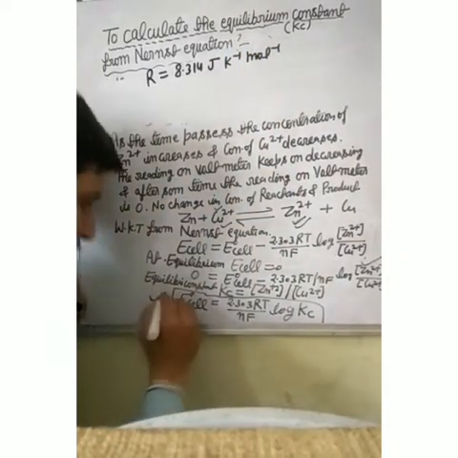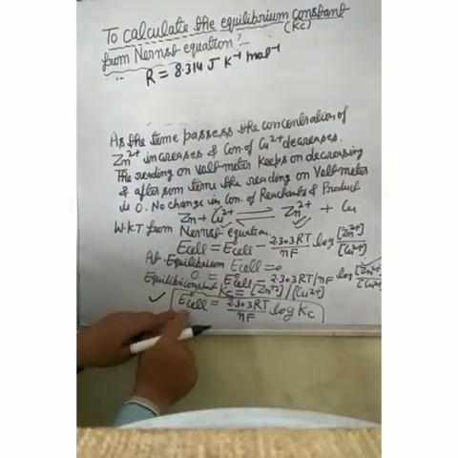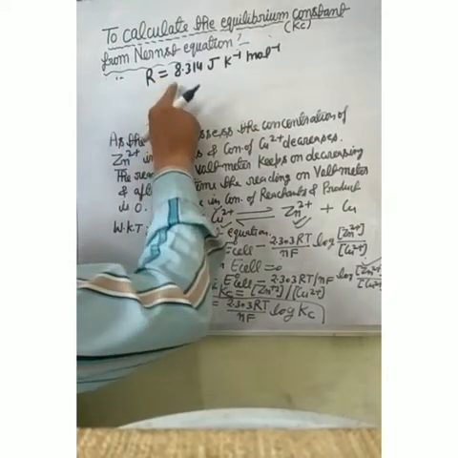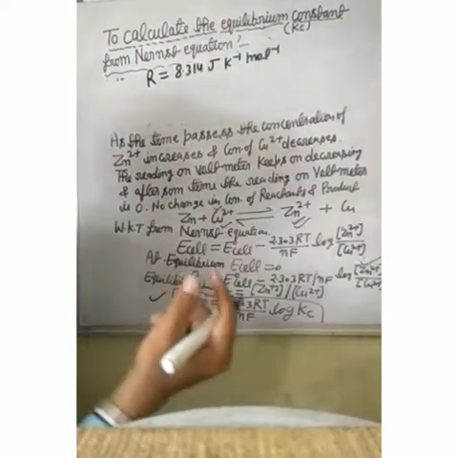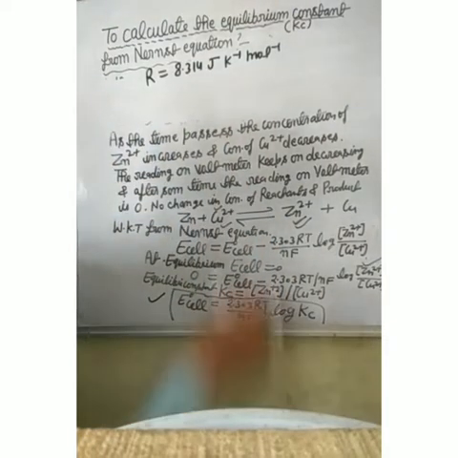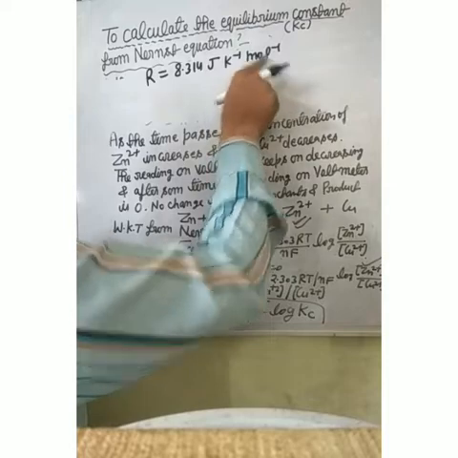This is the first form, but I am telling you the important short form that is useful for numericals. You know this from class 11, the chapter States of Matter, where I told you the gas constant R is 8.314 joule Kelvin inverse mole inverse.